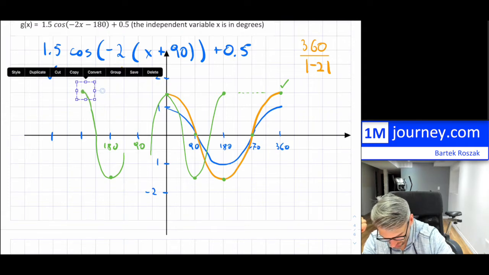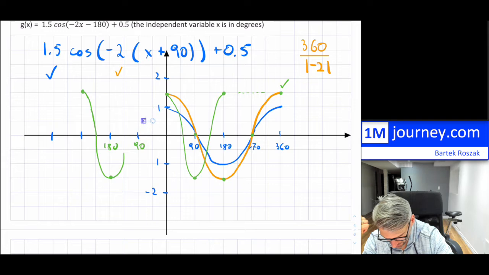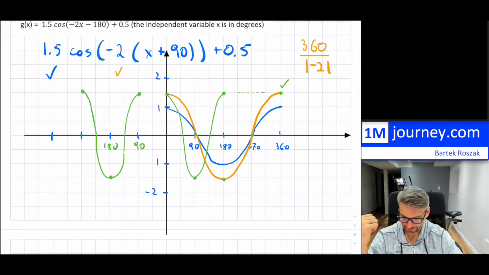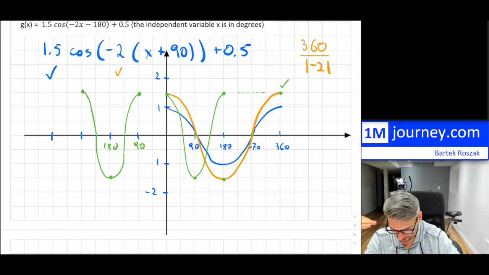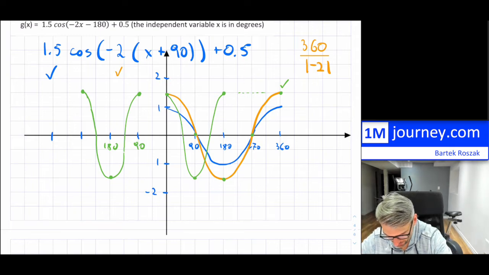So it gets shifted over by 90. Okay, there we go. So that's this shift over to the left. And then up by 0.5. All right, so it's going to go up by 0.5.